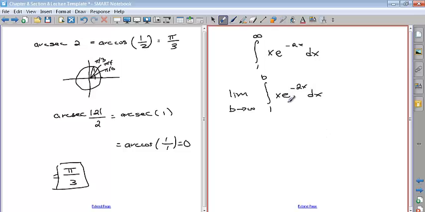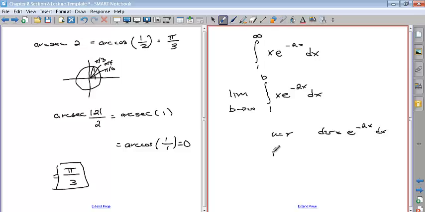Now we're going to have to use integration by parts to solve this integral. So u is going to be x, and dv is going to be e to the negative 2x dx.